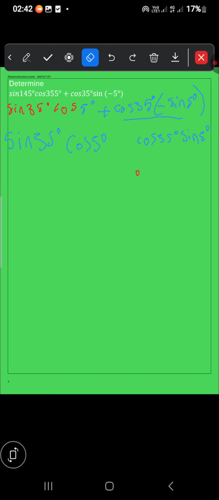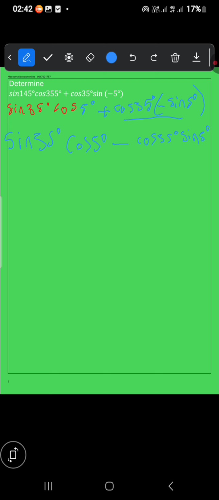Right. At this point now we check. So what do we have? I realize that this is sine cos sine. The angle is repeating itself: 35, 35, 5, 5. So now I can apply the compound angle identity formula.